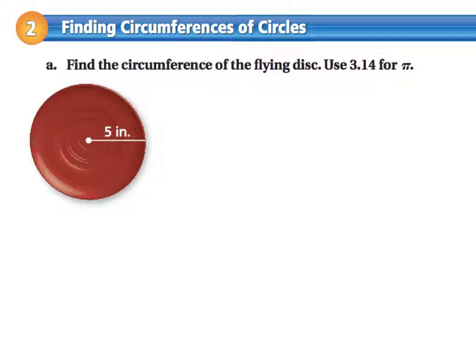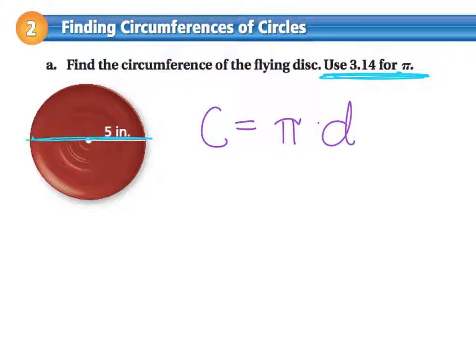So if we look here, we have to find the circumference of the flying disc. And it says to use 3.14 for pi. What I like to do first is start with writing what my formula is. I know circumference is equal to pi times diameter. If I look at my picture over here, I'm given a radius of 5 inches. If the radius is 5 inches, I know my diameter is going to be twice as big, so my diameter would be 10 inches.